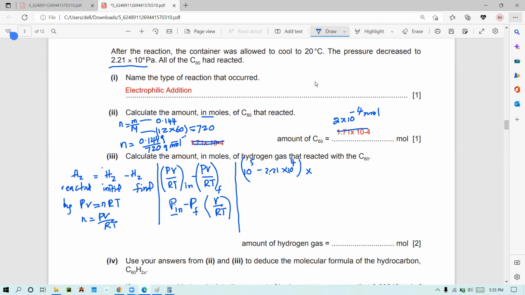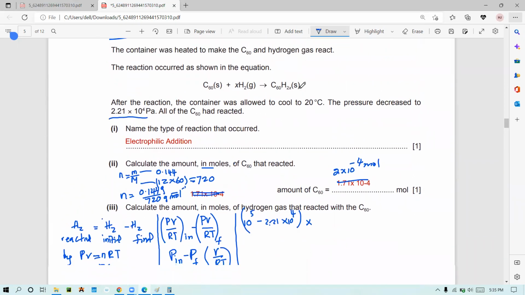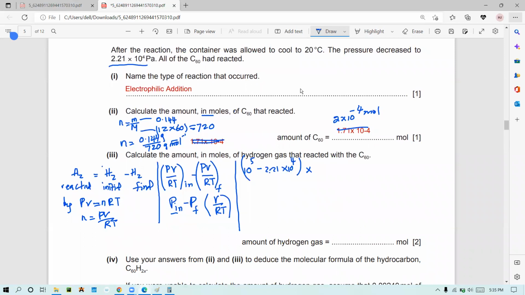Into volume is given as 100 centimeter cube.